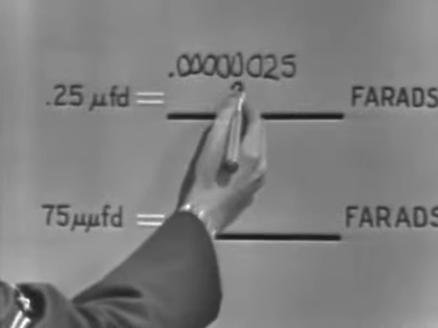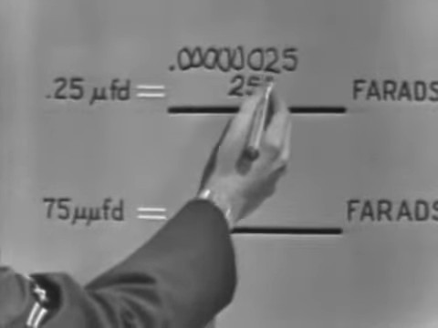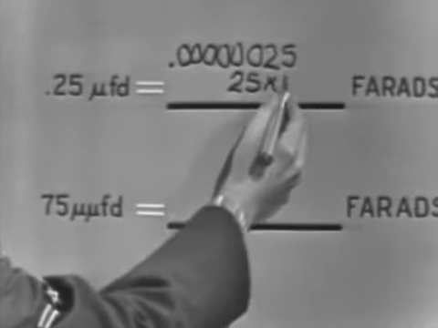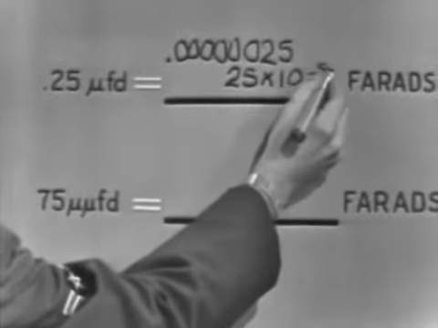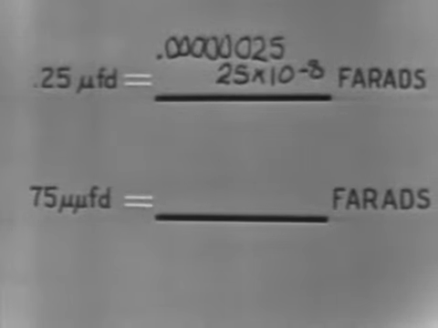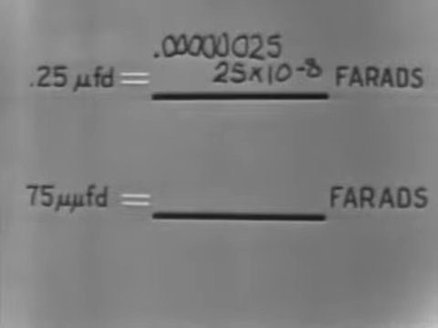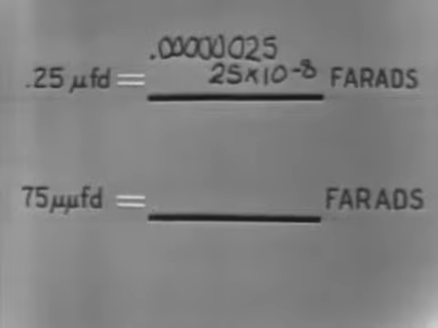But you also know how to use the powers of 10, and that's the simplest way to write this number. All you need to do is count the number of places to the right of the decimal point and write the value as I did, using the number of places as the minus power of 10.